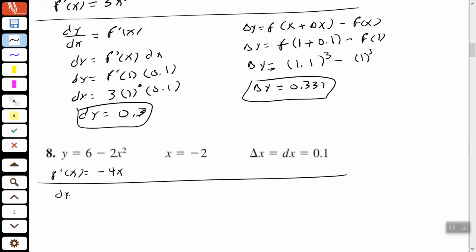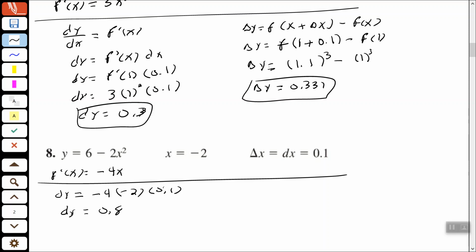Therefore, dy, which equals f prime of x, so negative 4 times negative 2 times dx, so the differential of y equals 0.8. And then find the actual change in y and compare it.